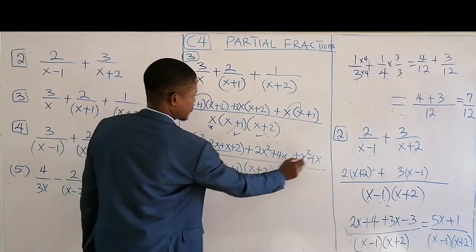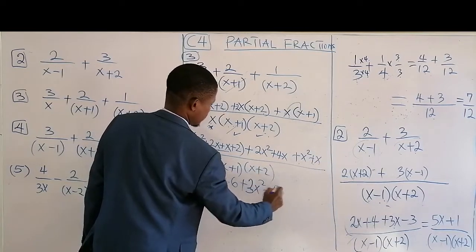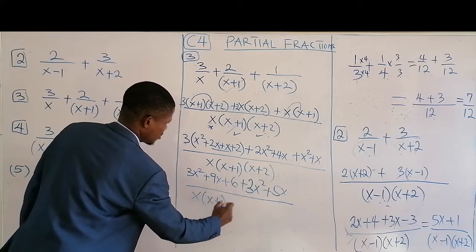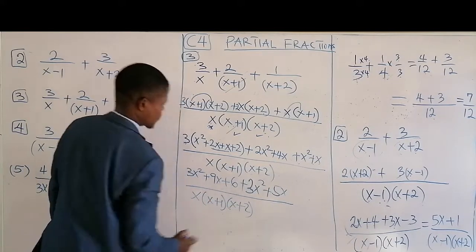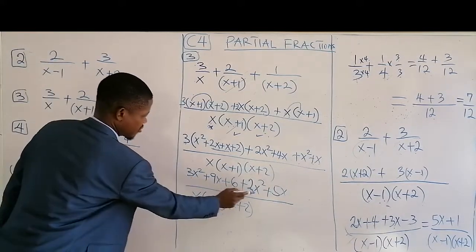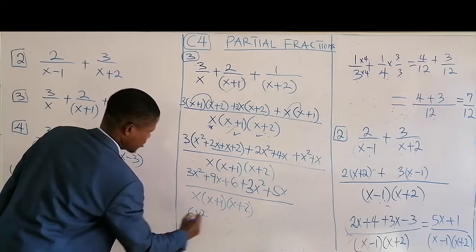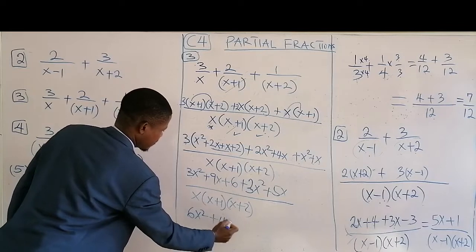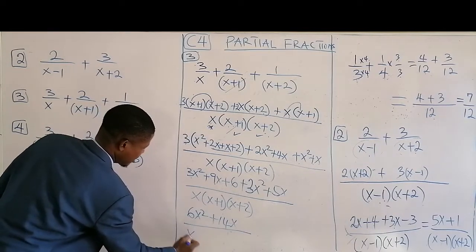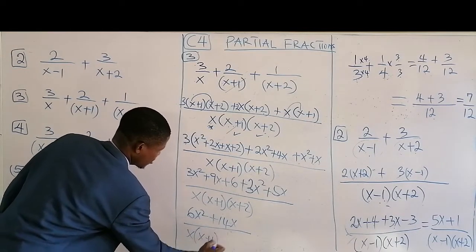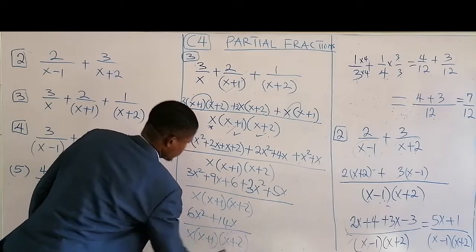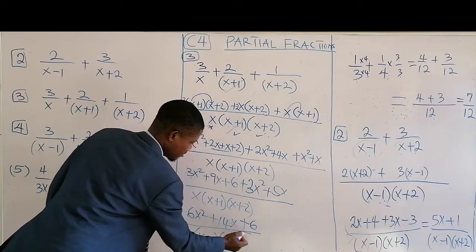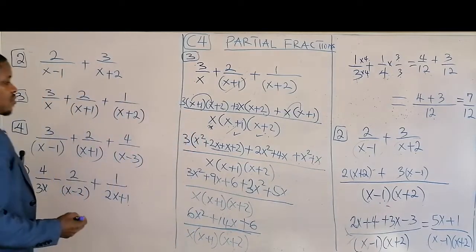And then 4x plus this, that's a plus 5x all over x plus 1, x plus 2. Then 3x squared plus 3x squared, that's 6x squared. And then 9x plus 5x, that's a plus 14x all over x into bracket x plus 1, and then x plus 2. Then this constant here plus 6. And that finishes question 3.